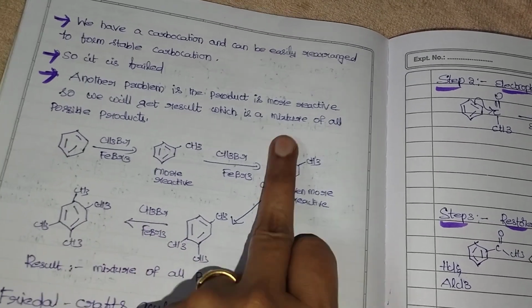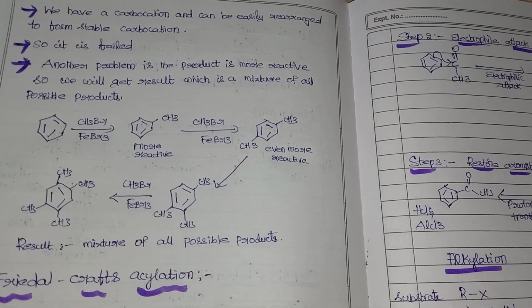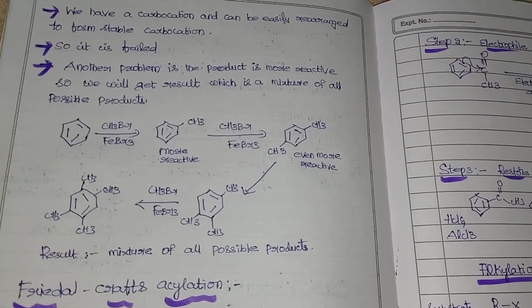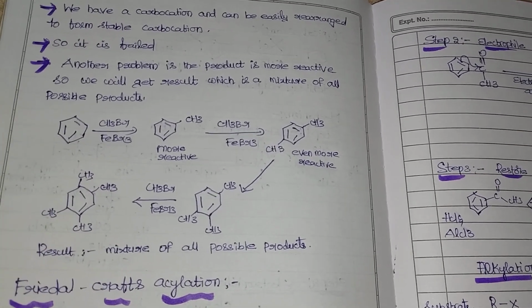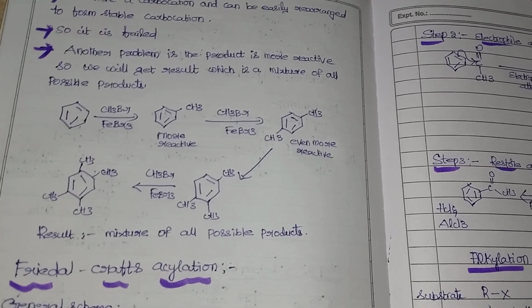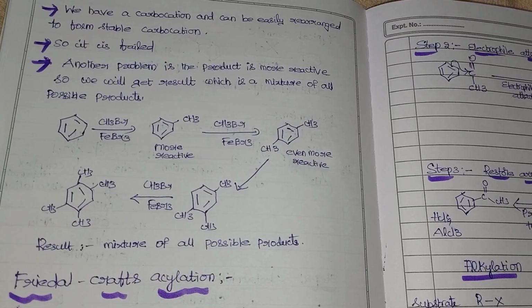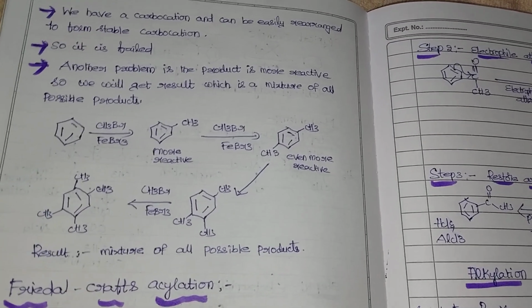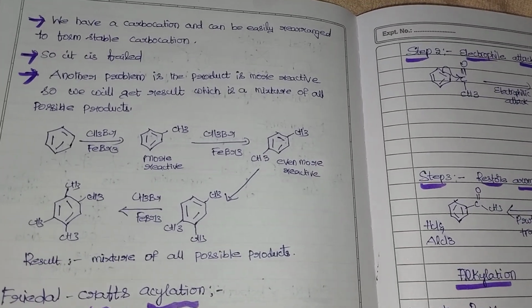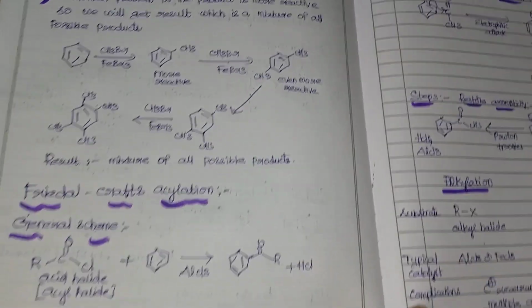It continues so that we get a mixture of all the possible products. We will not get a specific product, and separation of this is very difficult. So this Friedel-Crafts alkylation reaction is difficult to conduct in a lab. So it fails. Next is the Friedel-Crafts acylation reaction.